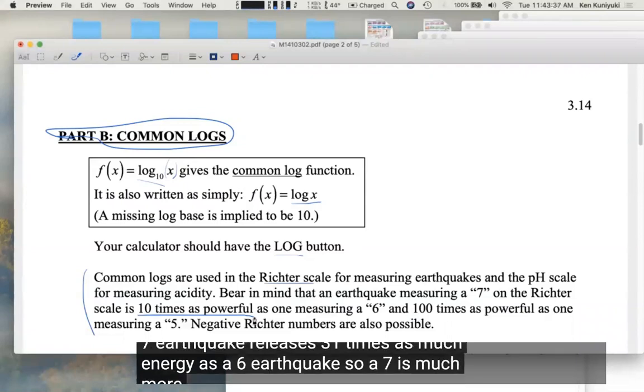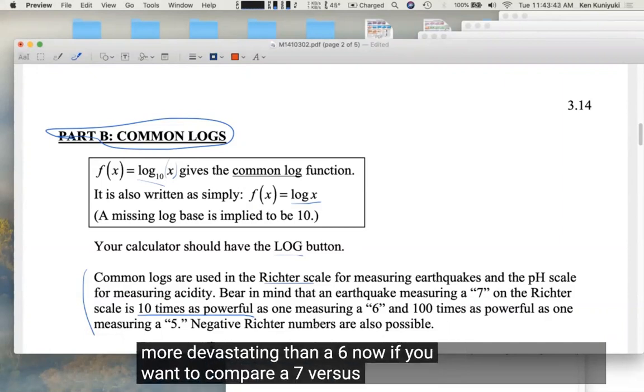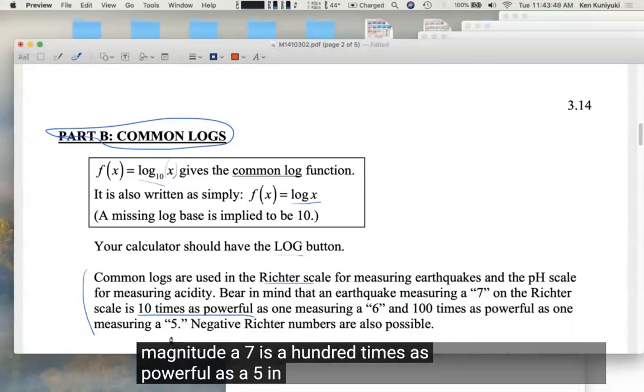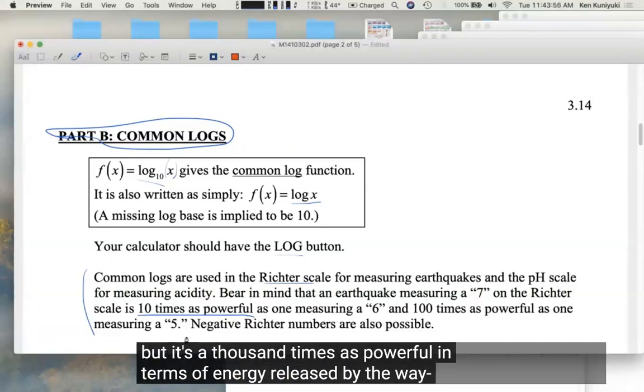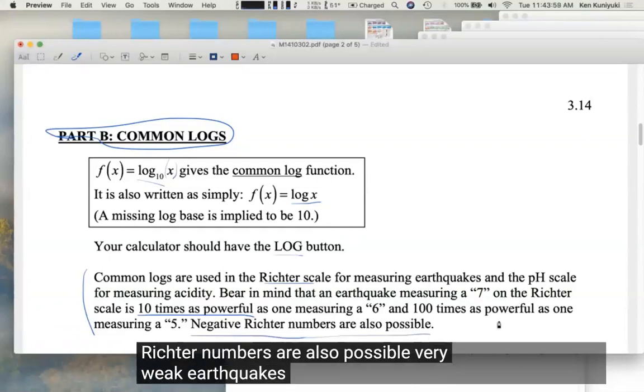So a 7 is much more devastating than a 6. Now, if you want to compare a 7 versus a 5, by magnitude, a 7 is 100 times as powerful as a 5, but it's 1,000 times as powerful in terms of energy released. By the way, negative Richter numbers are also possible, very weak earthquakes.